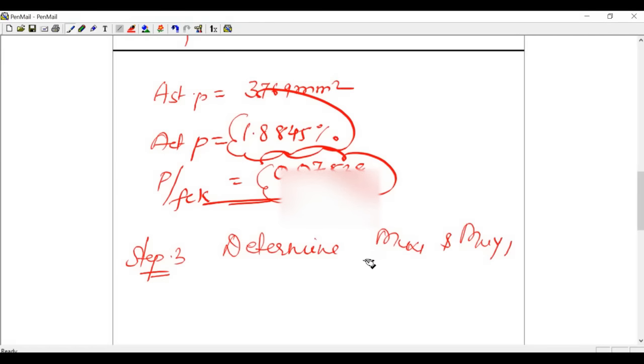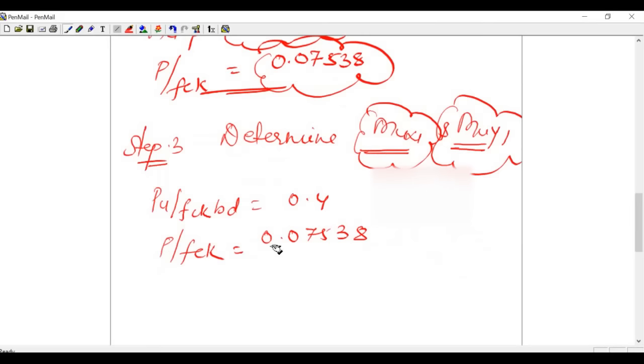This is your capacity, and the moments which have been given in the problem are your design moments. So the capacity should be greater than the actual moments. As we have already calculated in the above step, Pu upon fck bd, and this p by fck which we have just revised with the revised Ast provided, it is coming around 0.07538.